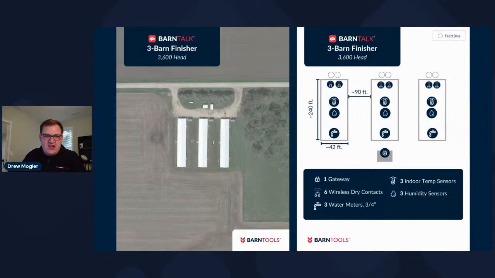And then in each one of those barns, you can see we've got a wireless water meter, a wireless temperature sensor. In this case, we've got a wireless humidity sensor as well. And then these wireless dry contact sensors, which are going to be connected to our feed lines.